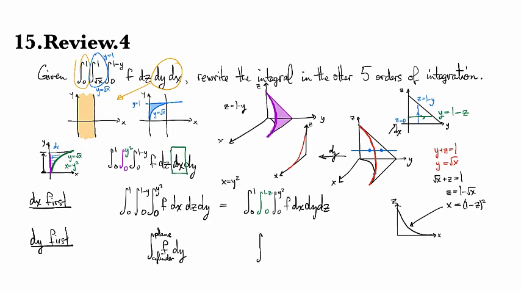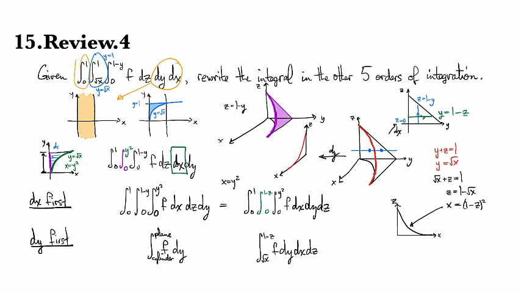So the cylinder is going to be y equals root x, and then the plane is going to be y equals 1 minus z. All right, and now we proceed to setting up this little funky region. So let's do dx dz.